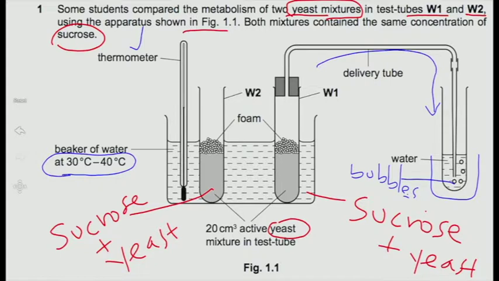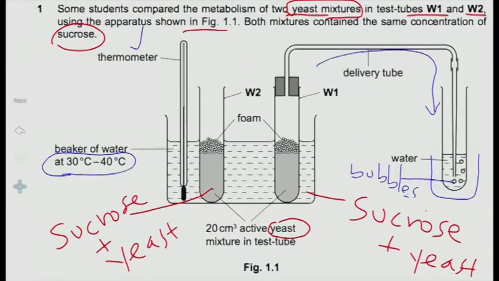Yeast is already added there. We don't know how much yeast was added. But both mixtures contain the same concentration of sucrose, we are told. With regards to the yeast, we are not sure. We are not being told that an equal amount of yeast was added.